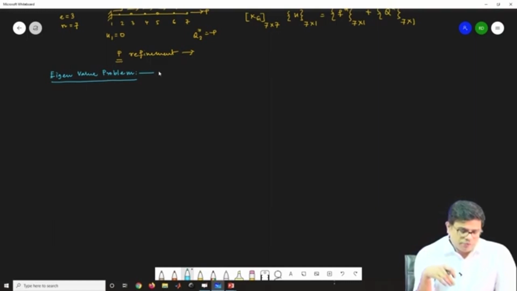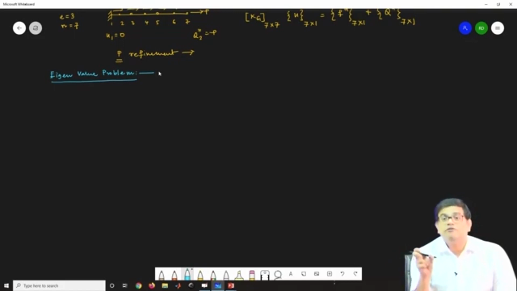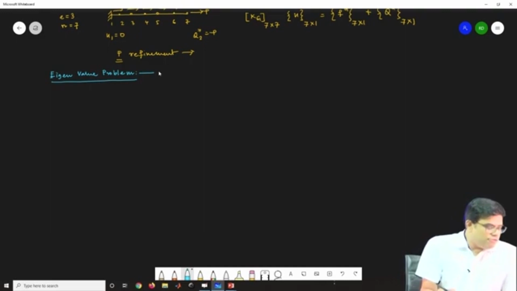Now in case of a finite element discretization, we cannot discretize infinitely. So naturally we get a finite number of frequencies, and that depends on how many degrees of freedom you are considering within the system. So for instance, the weak form, if I write, looks like this.